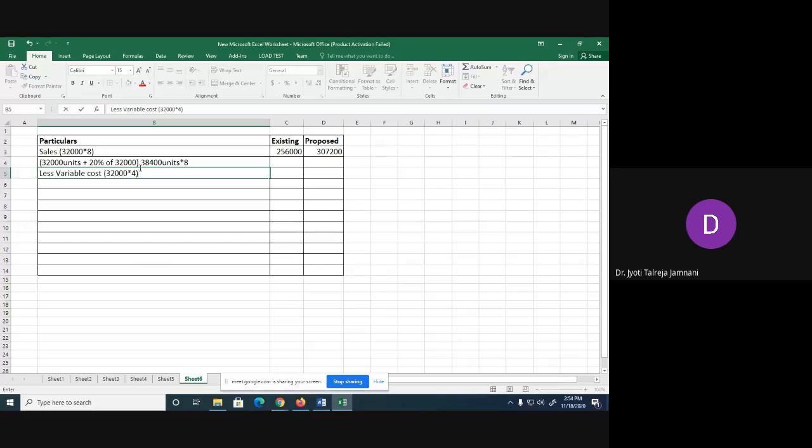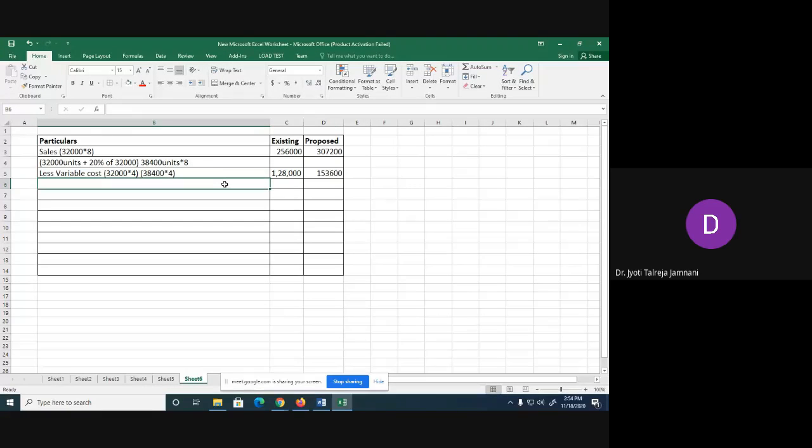So 32,000 into 4, you get 1,28,000. And in case of the proposed plan, your sales are 38,400 units into 4 rupees variable cost. So 38,400 into 4, you get 1,53,600.